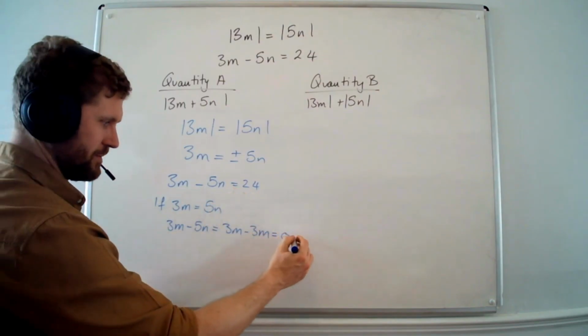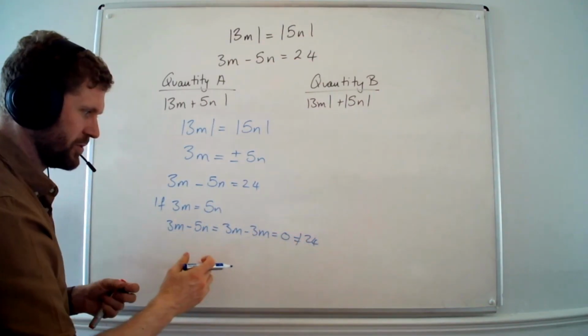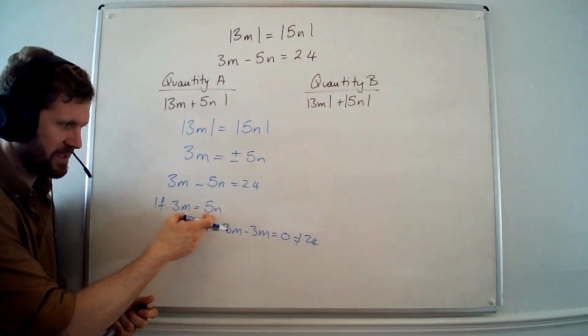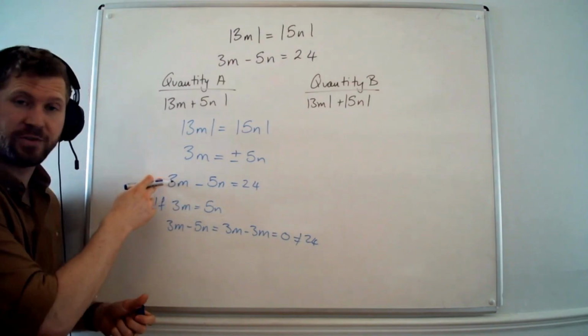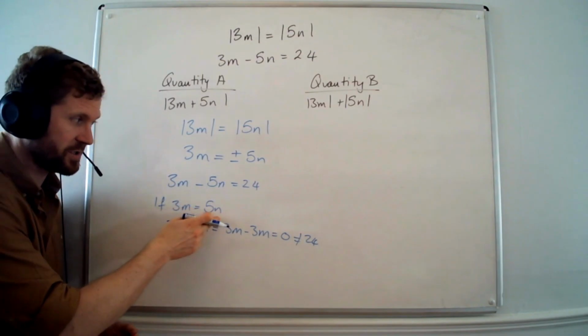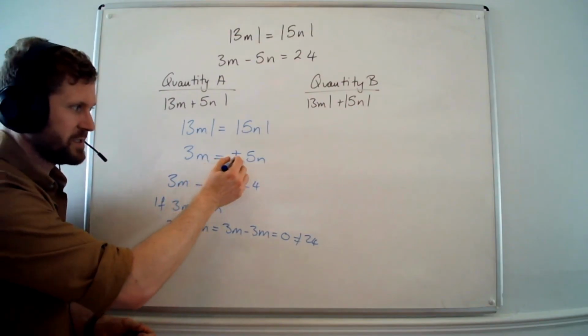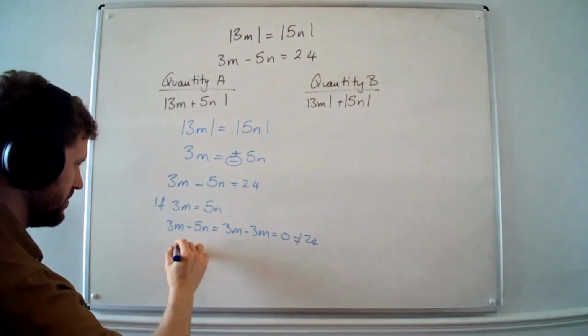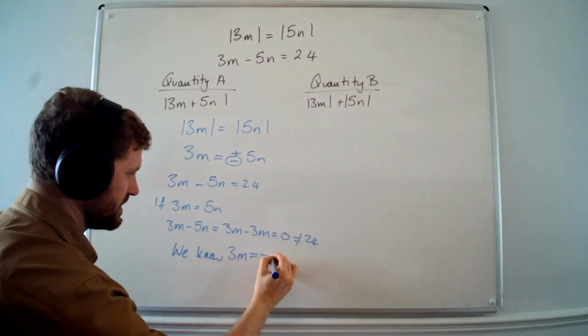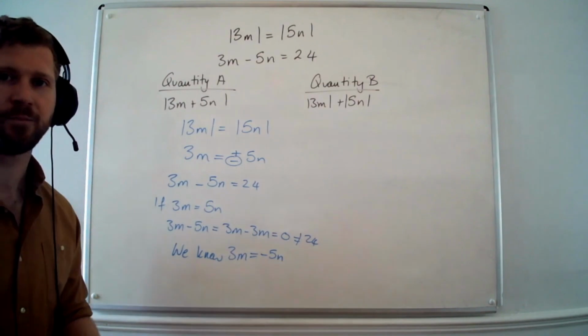But that's not the same as 24. So we've got a contradiction here. We can't have 3m equal to 5n and what we were told at the start work. So in other words, 3m does not equal 5n, which means that we're left with the negative. So we know from this that 3m is equal to negative 5n.